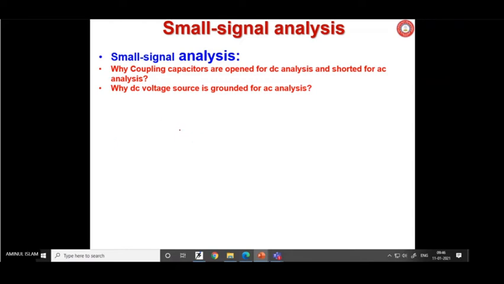Coupling capacitor is what? Sir, it allows to pass only AC signals. It is like a connecting bridge between two circuits which allows to pass only AC signals and not the DC one.